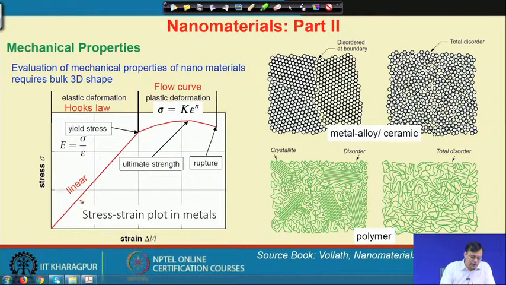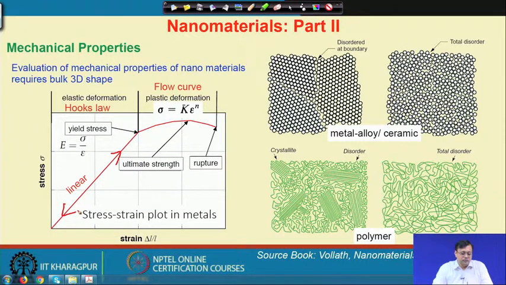However, this linear portion is somehow linked with their bond, meaning the bond strength, and from this linear part we can measure Young's modulus. This is a part, if we unload it will come back, okay. Meaning this is an elastic region.